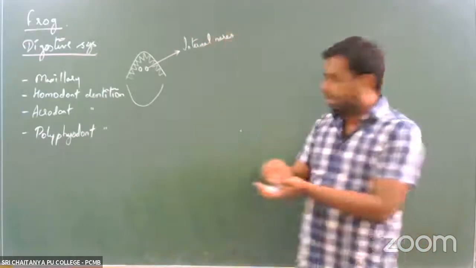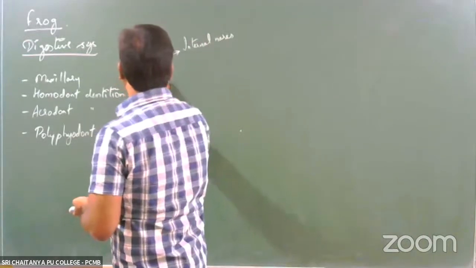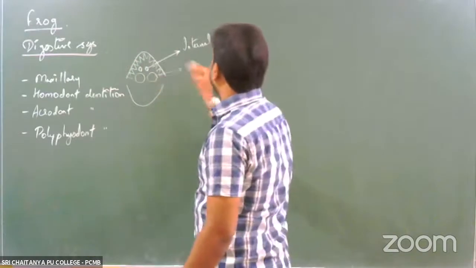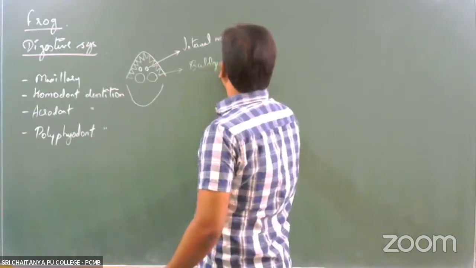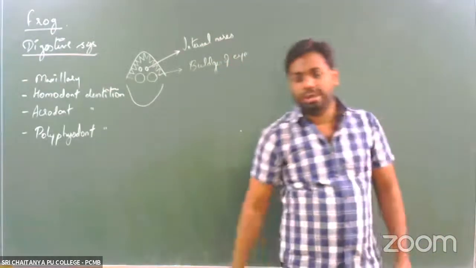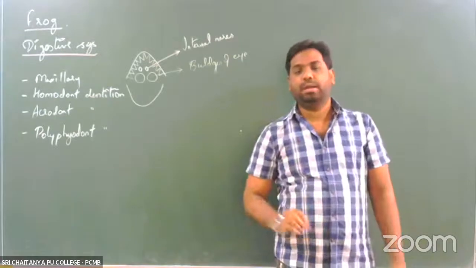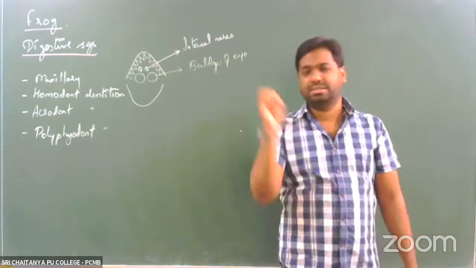Right below the internal nostrils, there are two bulged structures. These are the bulges of the eyes. Yesterday, when we talked about morphology, I told you that in the head region these organisms have one pair of larger, bulged eyes.